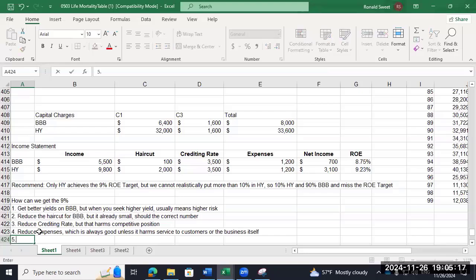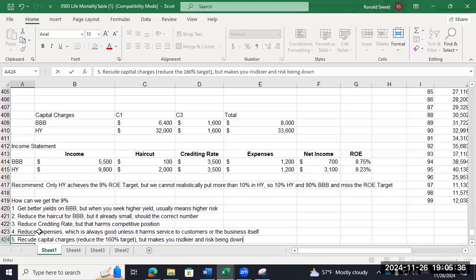The next one is reduce your capital charges. So reduce the 160% target, but that makes it riskier and you risk being downgraded.